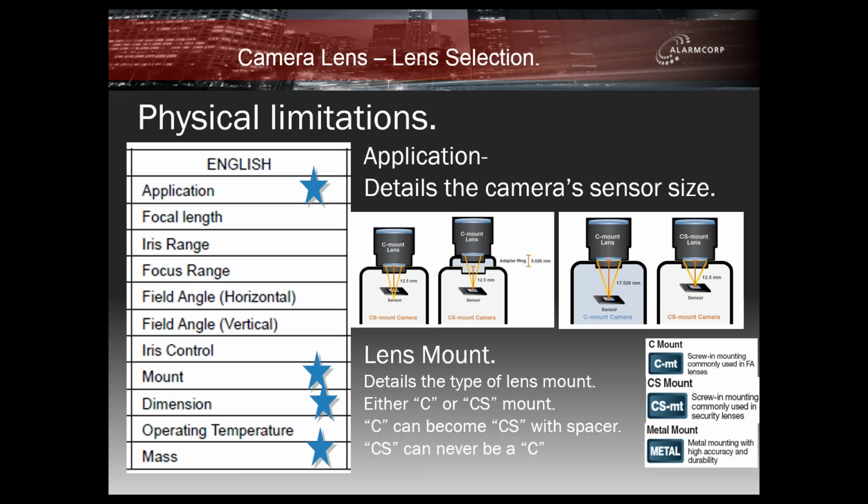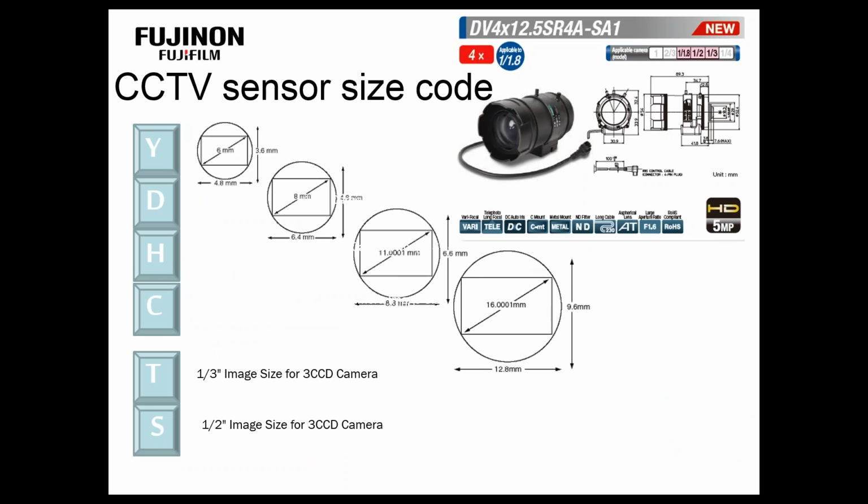Here, once again, is our coding. This slide illustrates our coding that we use for the various sensor sizes. So obviously a Y is a 1/3, D is a 1/2 inch, H is a 2/3, C is a 1 inch. There's a couple of other special ones that largely is for medical use, which is the 1/3 3 CCD type, which is a T, and an S for a 1/2 inch for a 3 CCD camera type.